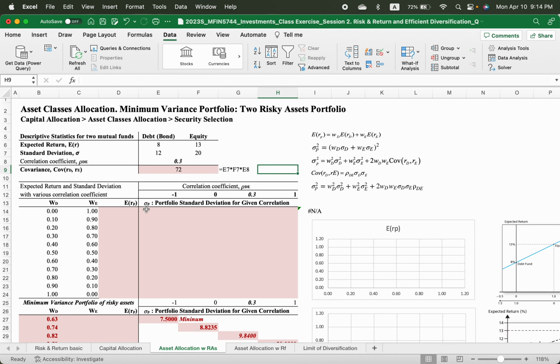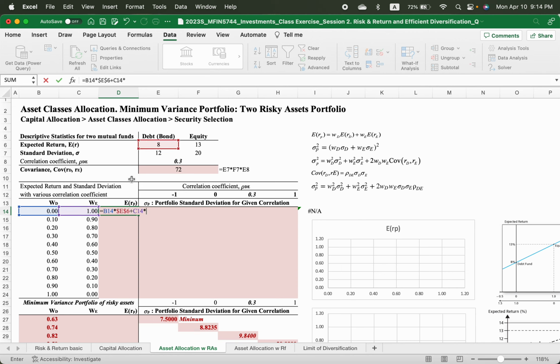But this is given. Now, how do we calculate the expected rate of return? Under these 10 cases, the weight is 0 on the debt and 100% on the equity. So how do we get it? Here I want to fix the expected rate of return of debt, times the weight, plus 100% times 13%, the expected rate of return of the equity.